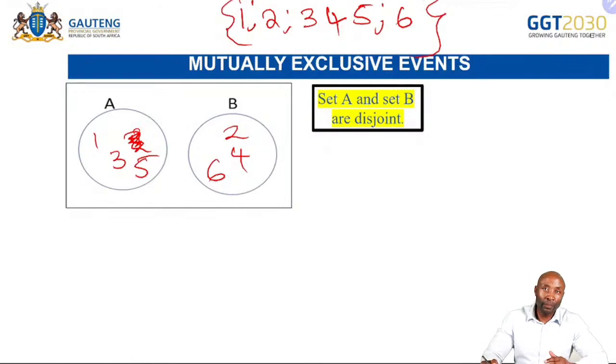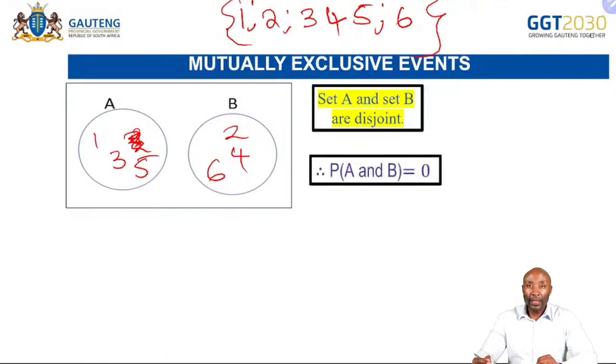A number cannot be even and odd at the same time. On some events, it is possible to have sets that are overlapping, but for mutually exclusive events, our sets are not overlapping. And we say the probability of A and B is always 0 for mutually exclusive events.